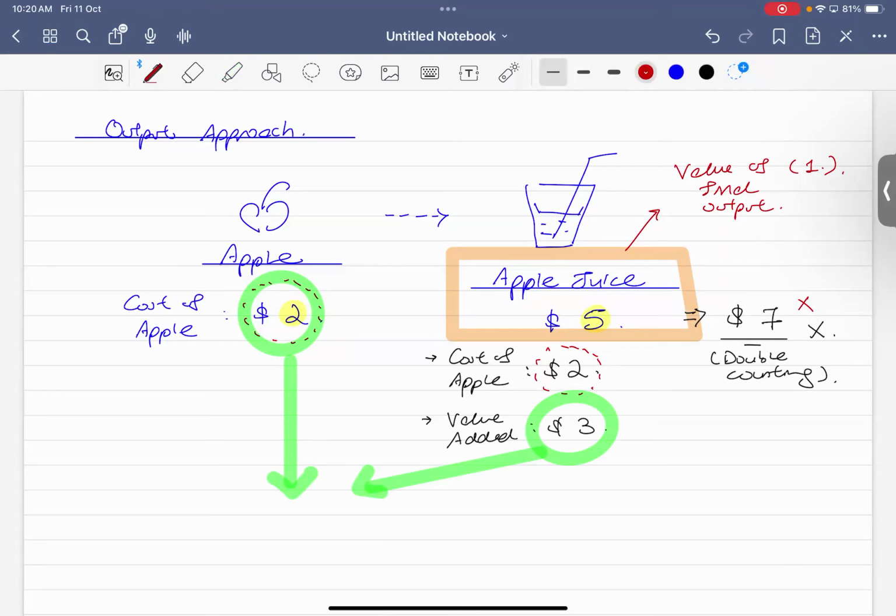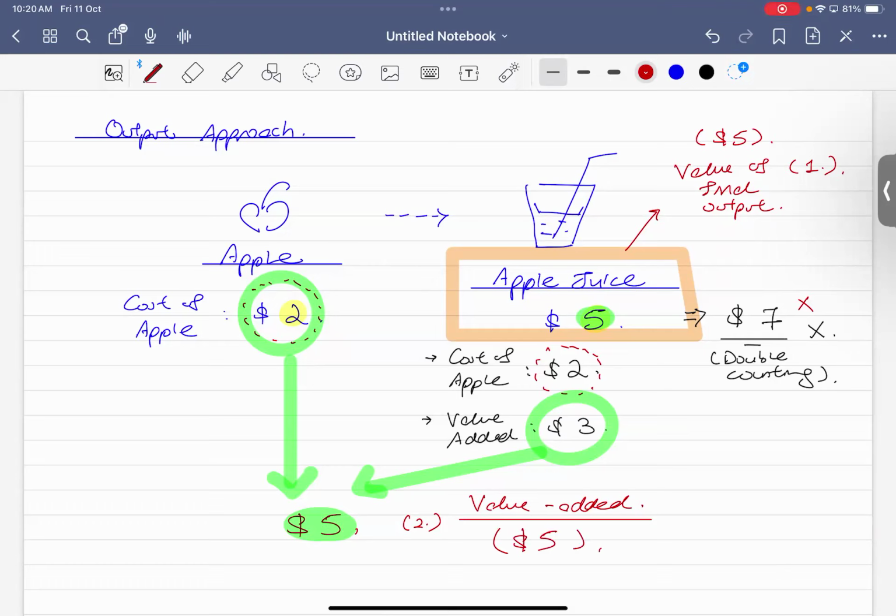It becomes $5, which is correct, the same as what we calculated just now, 5 and 5. So you see, if you take the value of the final outputs, at the end you get $5. Same thing if you use the second method, where you look into the value added part. If you look into the value added at the end, you will get $5 as well.